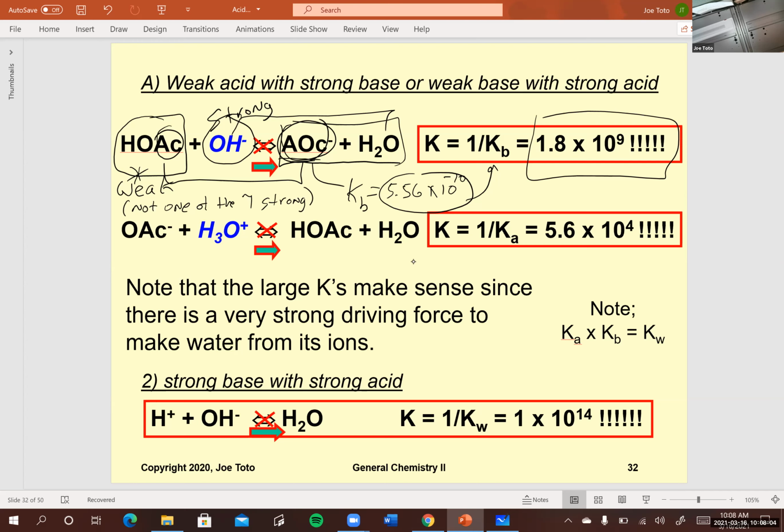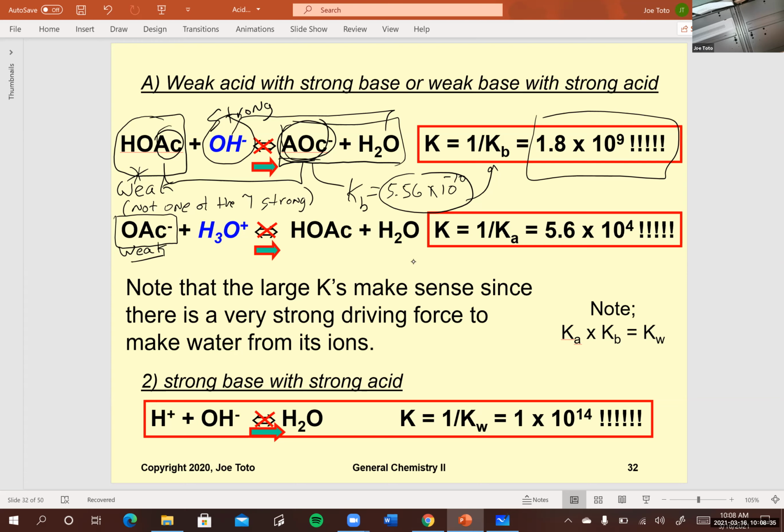All right. Now let's take a look at the next reaction I have on this plate. I have the conjugate base. What kind of a base is this acetate anion? Would it be strong? Oh, it's weak. Now, why is it weak?